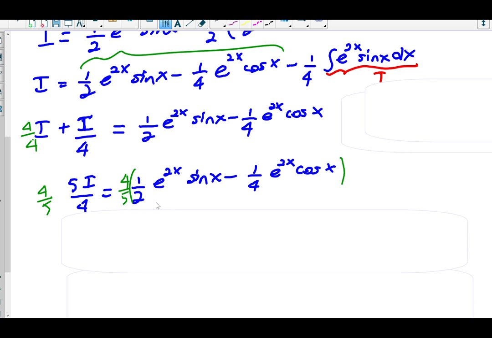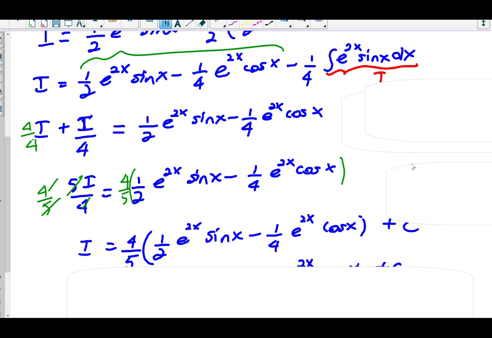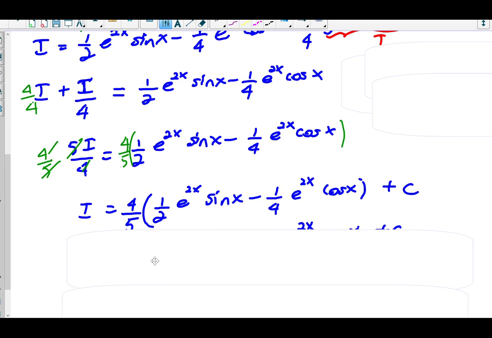And I'm also going to add a plus c at the end just to represent the fact that this is an integral that does not have limits of integration. So these are going to cancel. So on the right-hand side, we have basically the answer to our question. I, the unknown, is 4 over 5 times everything else we had over there already, plus c.